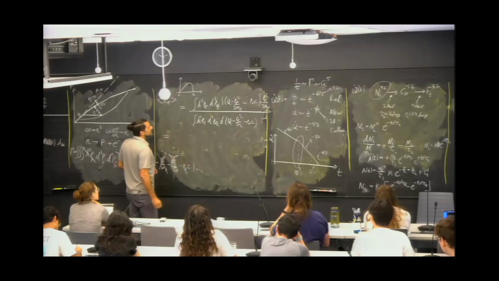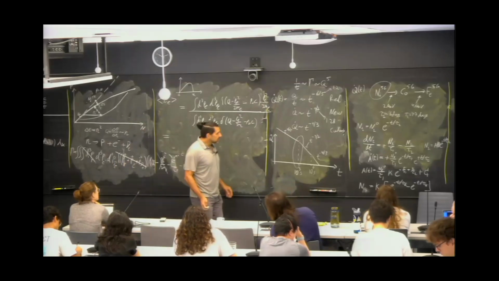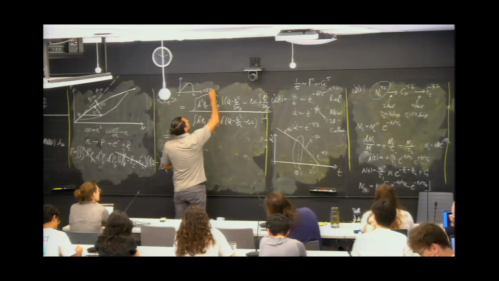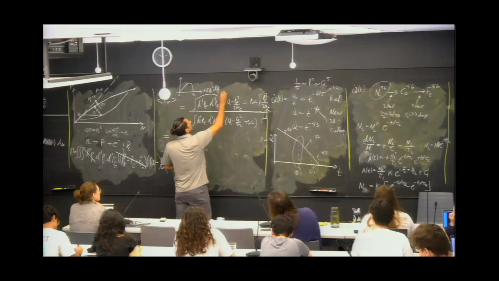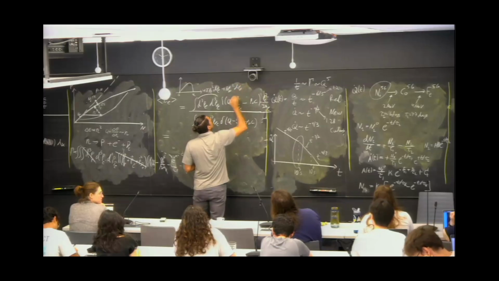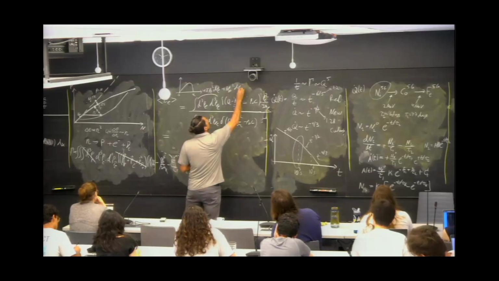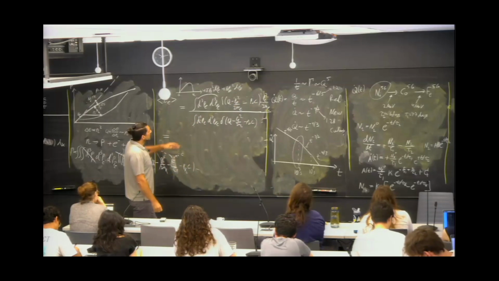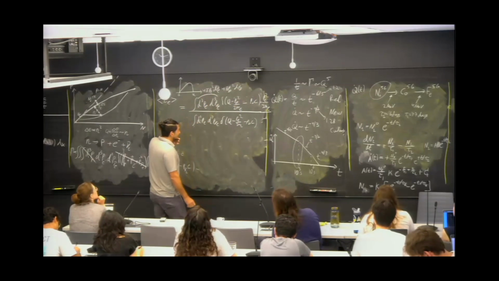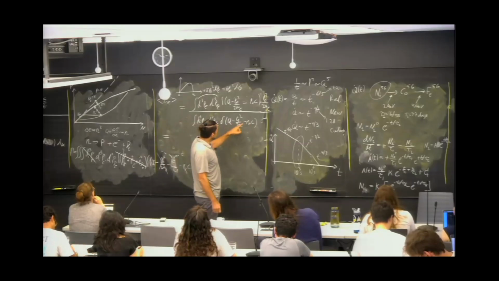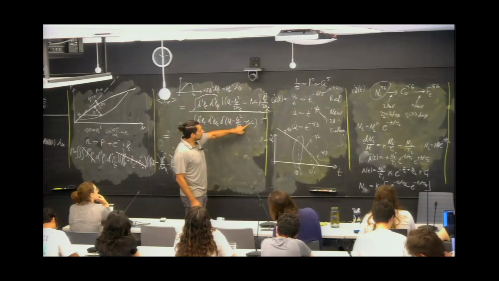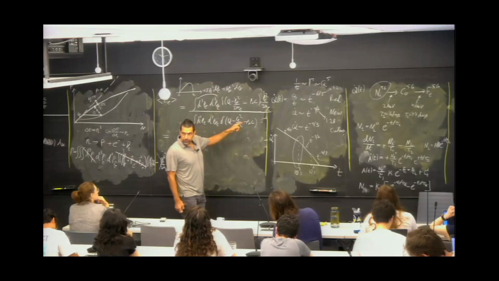So I'll go to some dimensionless variables. I will replace this by 4 pi p electron squared dp electron and 4 pi p neutrino squared dp neutrino. The 4 pi's will cancel top and bottom. And here I can solve for the magnitude of the neutrino momentum from this delta function.